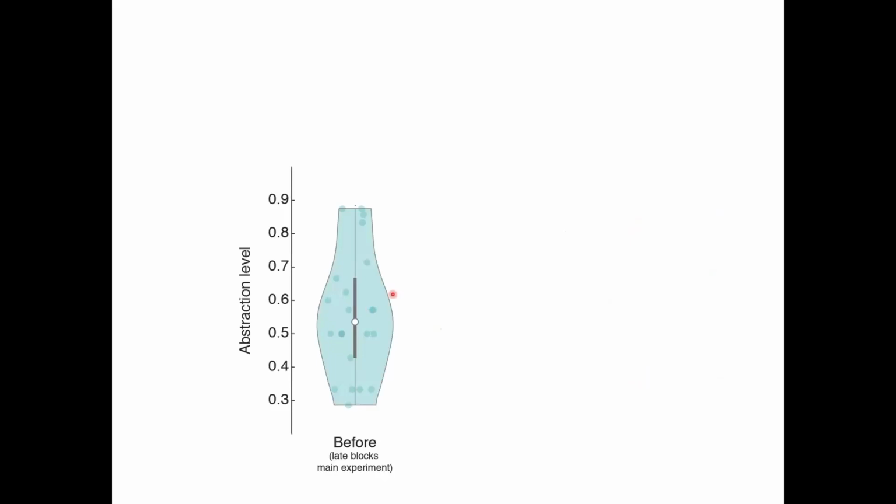So here we will compare the abstraction level that participants attained at the end, in the second half of the initial main experiment. For each participant, we have an overall abstraction level, and we compare this with the abstraction level that we can measure with the same modeling approach in the two conditions, relevant or irrelevant.